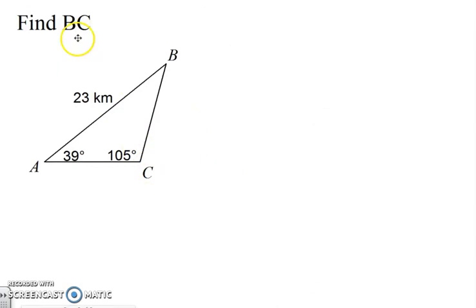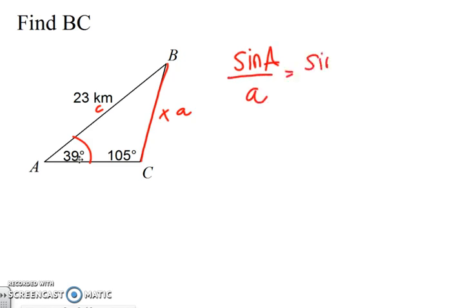So in this problem, I am given two angles. And let's see, I want to look for BC, so let's call that x. So I'm given A and little a. I'm given C and little c, so I can use my law of sines. So I'm going to use sine of A over a equals sine of C over c.